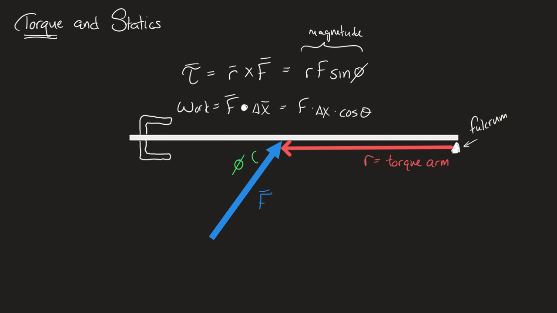Before I get too much into that, let's just talk about units for a minute. For work, it was newtons times meters, which we called a joule. Now, I know this is going to seem a little weird, but for torque, it's meters times Newton.